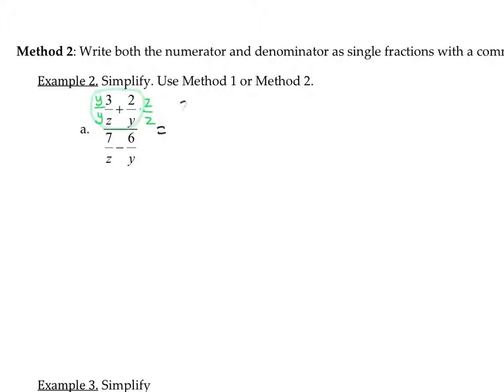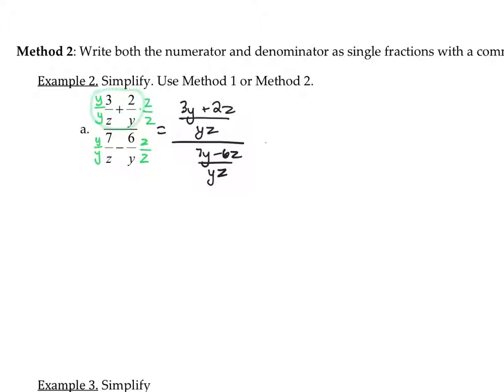And that gives me 3y plus 2z all over yz. Now I'm going to do something similar with my denominator. It still has the same LCD, lowest common denominator, so this gives me 7y subtract 6z all over yz.